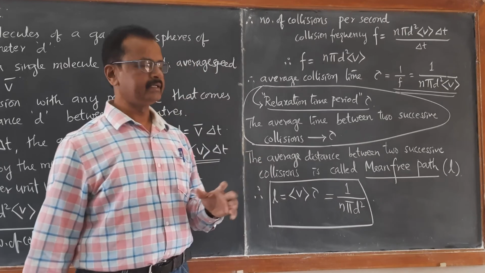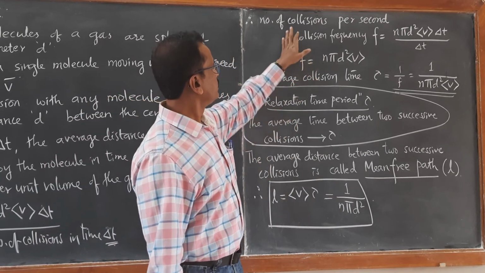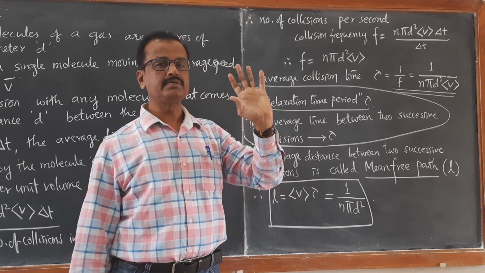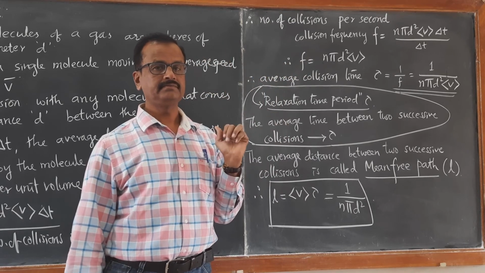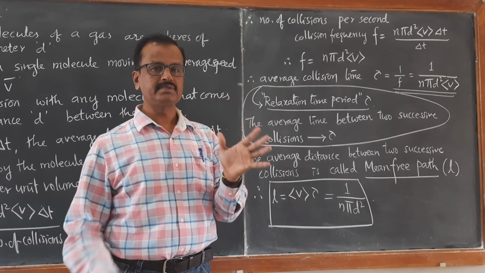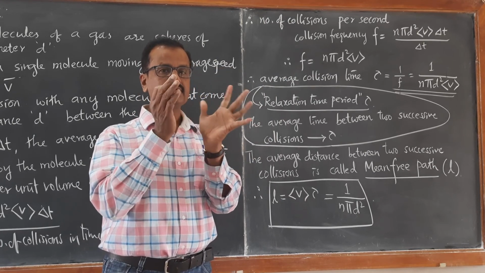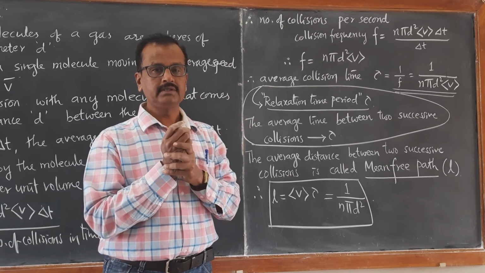But while calculating this mean free path and the number of collisions per second, we assumed that the molecules which are coming in contact with the moving molecule are at rest. We assumed that the molecules within that small cylindrical volume are at rest, but actually those molecules are also in motion.